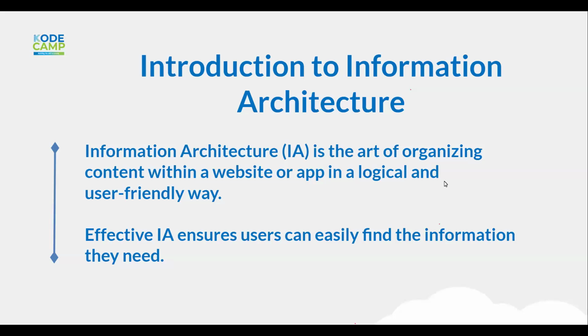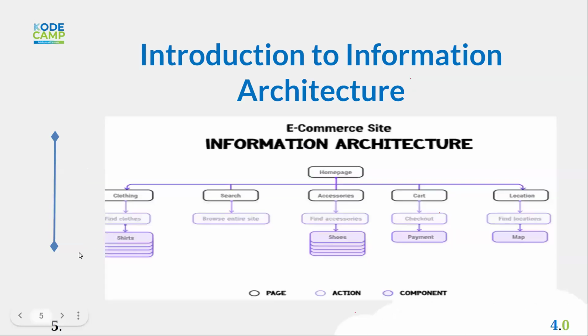You can say, okay, this information architecture has been properly done on this site. So information architecture focuses on where the user will find the information. Is the information intuitive? Is the content easy to find or easy to understand? So this is a good example of information architecture.